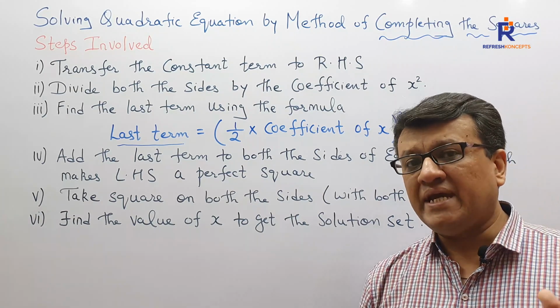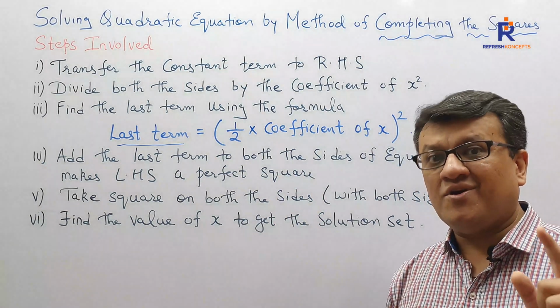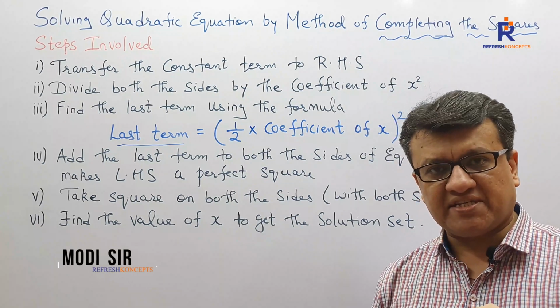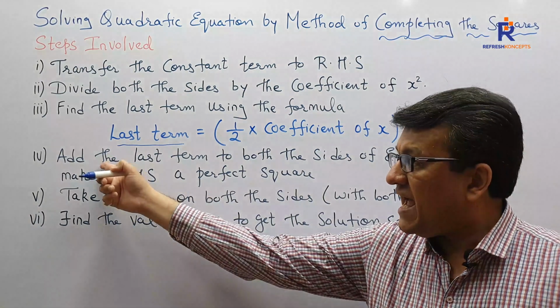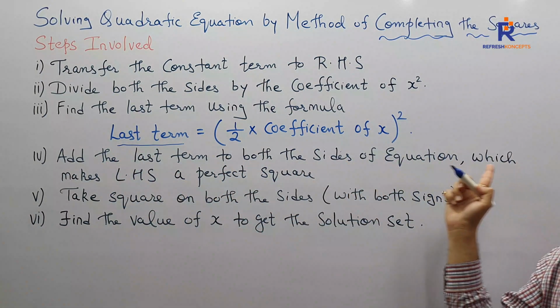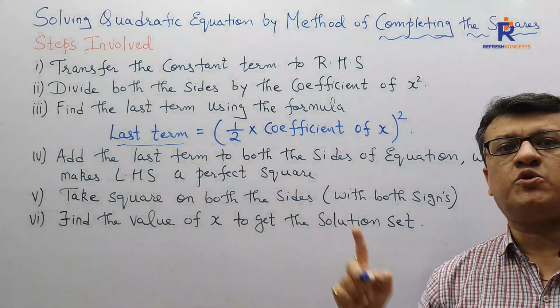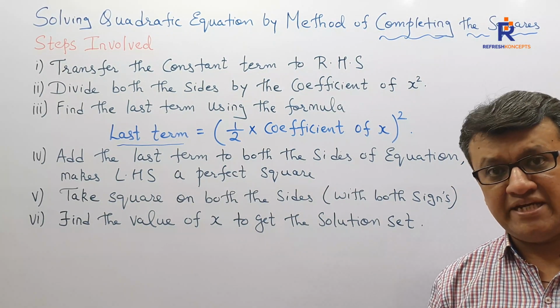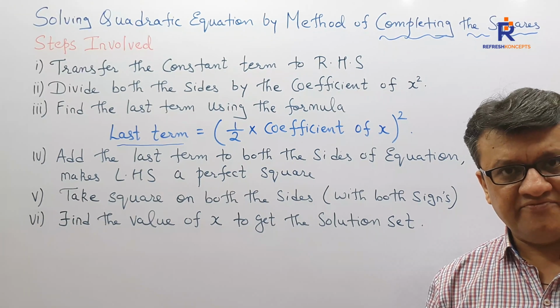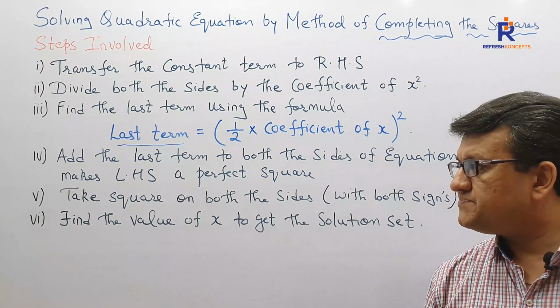The moment we add the last term on the LHS as well as on the RHS, it will make LHS a perfect square. LHS has to be a perfect square after adding the last term. Mind you, it has to be. We are going to see everything in detail in sums.